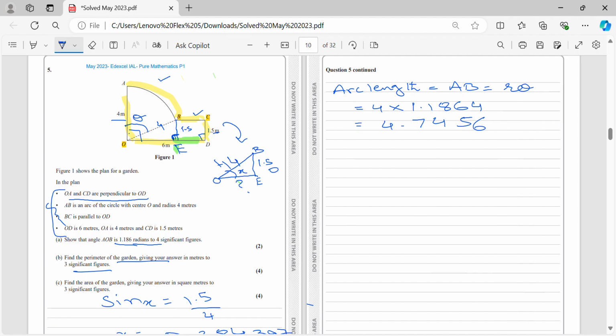To get this length, I'm going to use the same triangle and Pythagoras theorem. So 4 squared minus 1.5 squared, and the square root will give me the length of OE.